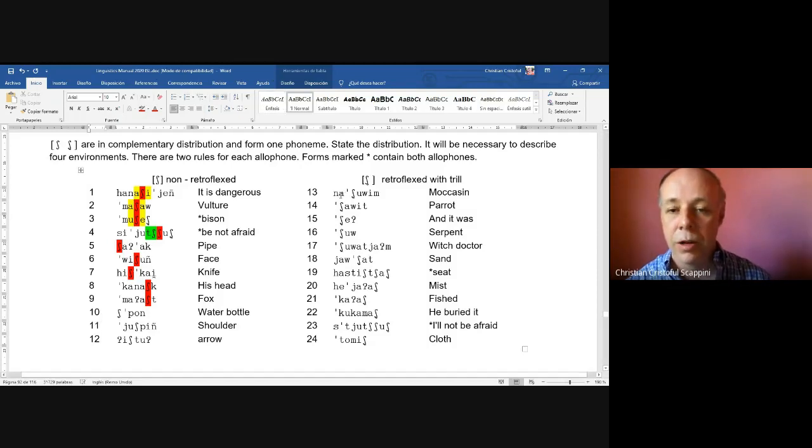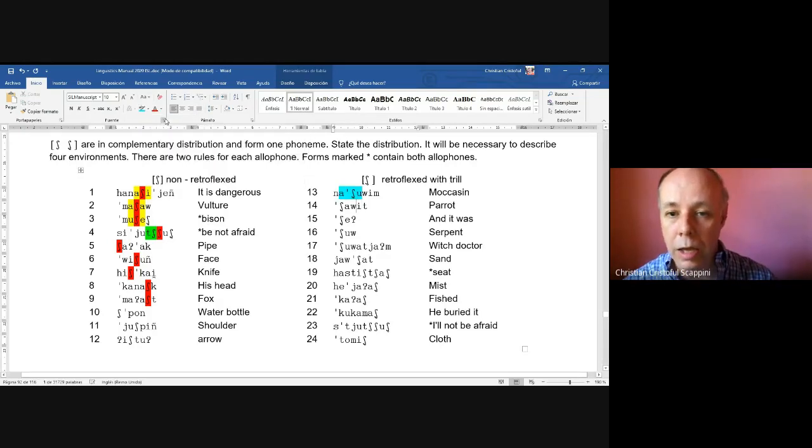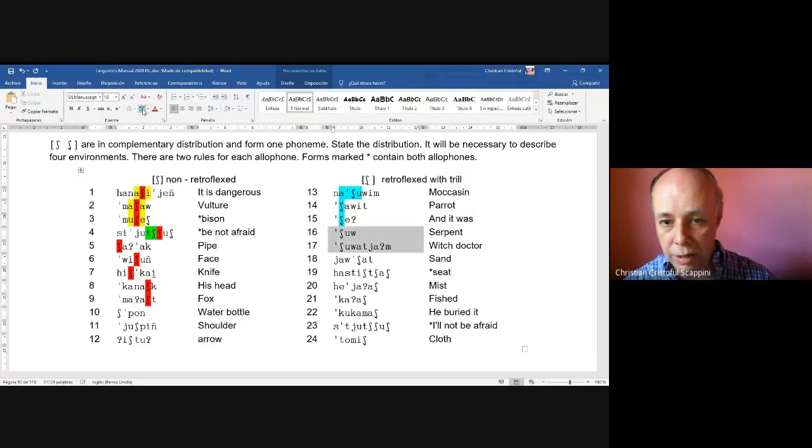Very good. Regarding this retroflex with trill sound, we can see that this occurs in intervocalic position as well. It also occurs in syllable initial position. I can see that here. Here is syllable initial position, and intervocalic. This is one sound. Don't get confused, please. This is the ch sound.